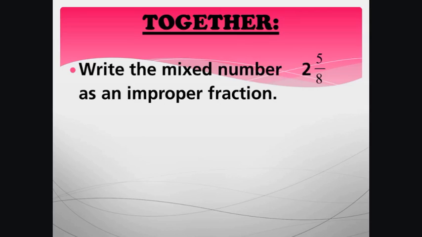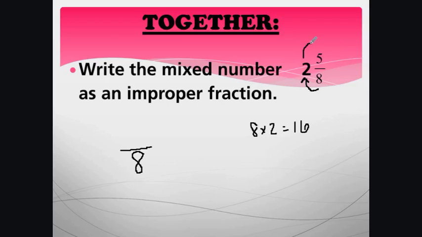Let's do another example just for good measure. So we're asked to write the mixed number of 2 5/8 as an improper fraction. My denominator stays the same, so I'm just going to write that down, is 8. 8 times 2, I'm going to write down those steps, is equal to 16.